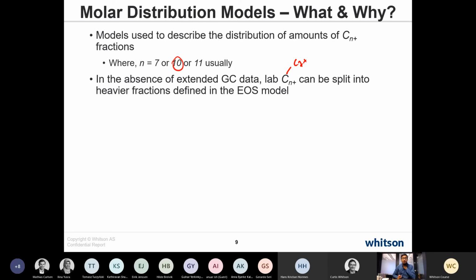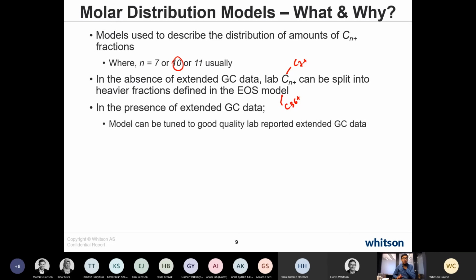In that case, you needed some kind of model to give you the molar distribution of C7 and heavier fractions into the equation of state model, where your heaviest component could be C36 plus or C30 plus, etc. So at that time, when we didn't have the extended GC data, this was the real use of the molar distribution model.